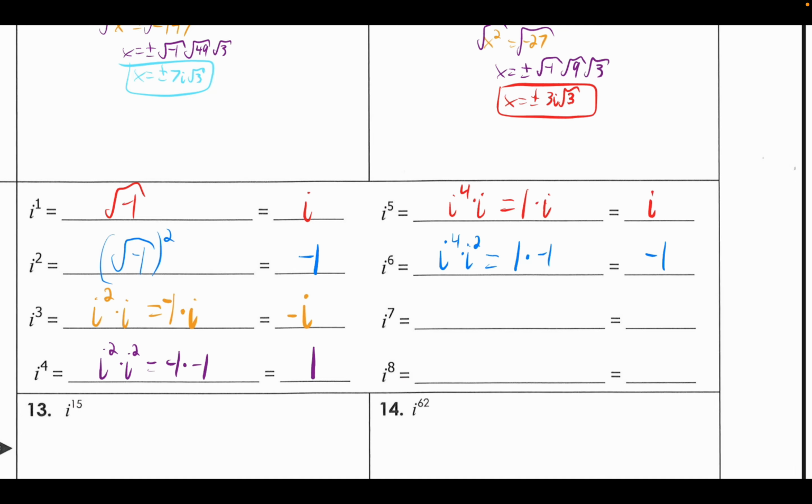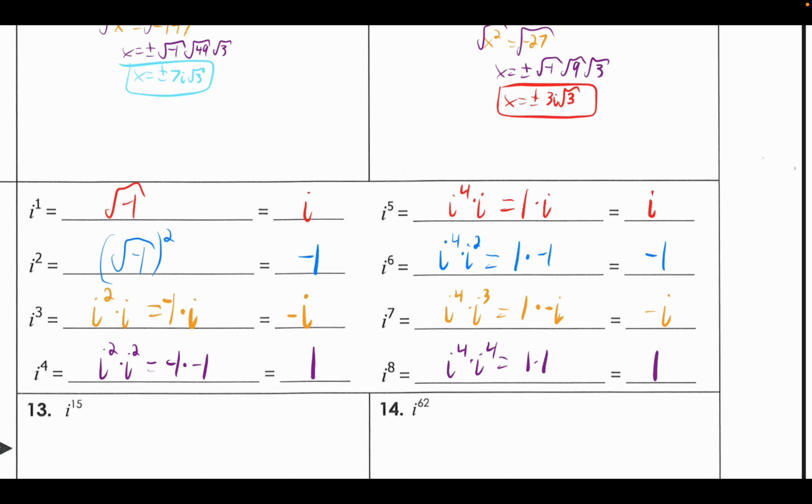It might look familiar to something we just did a moment ago. I to the seventh we can rewrite as i to the fourth times i cubed. And i to the fourth is 1, i cubed is negative i, and 1 times negative i is negative i. And i to the eighth could be written as i to the fourth times i to the fourth, which we know is 1 times 1, and 1 times 1 is 1.